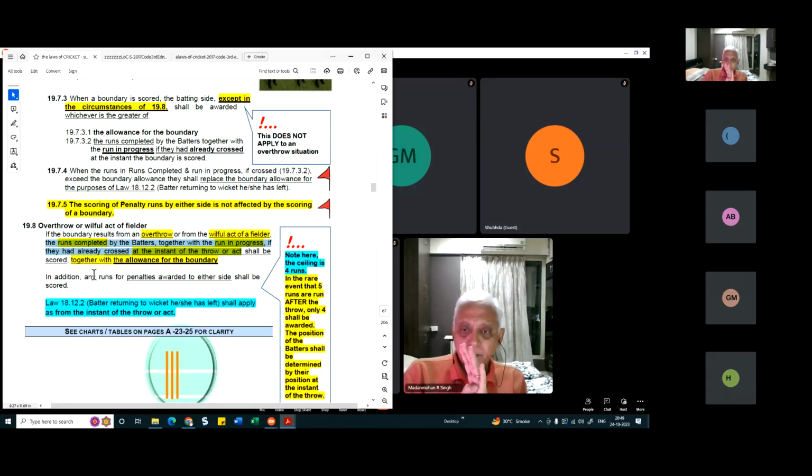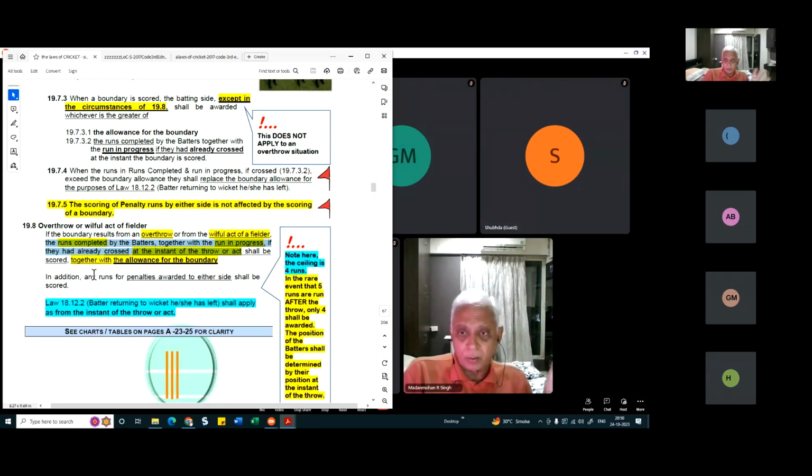Similarly, to bring you something from the short run rule, where it says that if the ball goes to the boundary, short runs are also ignored. Because it doesn't matter if they have run short or they have not run at all, they will get 4 runs. Even if they don't run, they'll get 4 runs. And even if they run 3 and one of them is short, it doesn't matter.